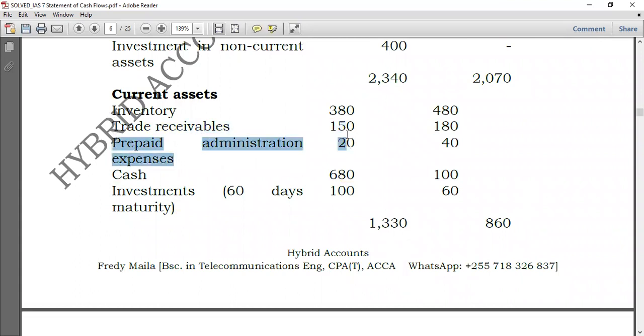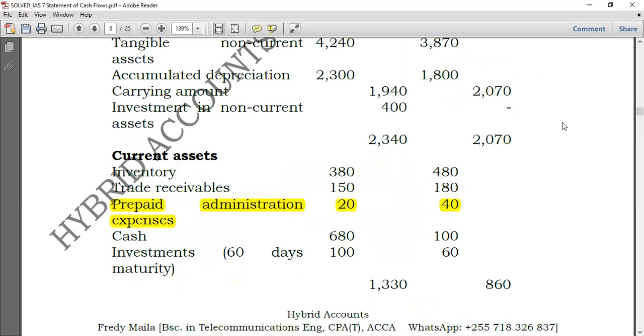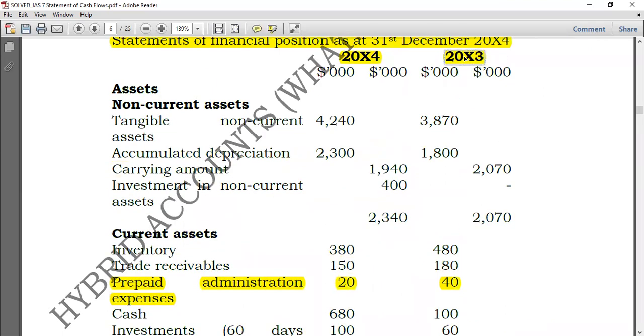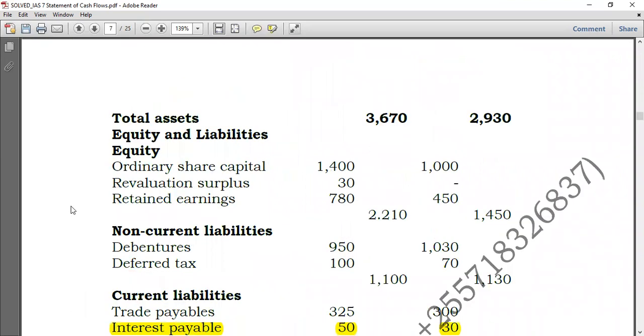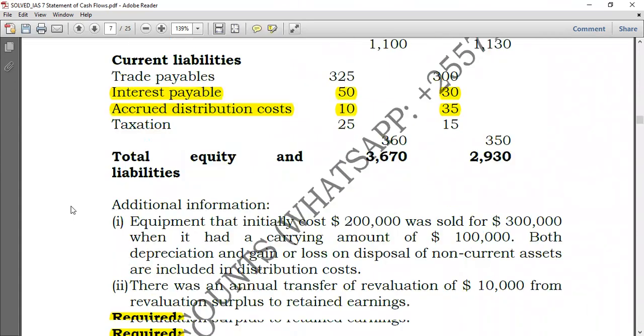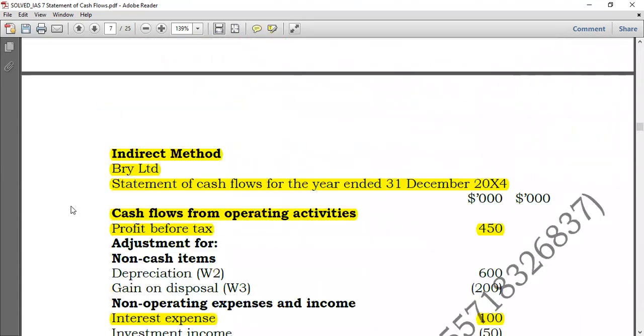It started from 40 and ended up with 20. You really need to know where it started from, right? From the question you are told this was 20x3, this 20x4. So it started from 40 to 20. So you find that there is a decrease in prepaid administration expenses. This is an asset, right? The prepayment is an asset. So an asset has decreased from 40 to 20. So here I am.